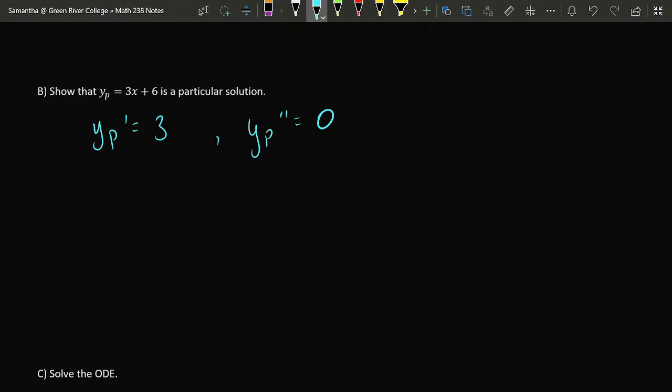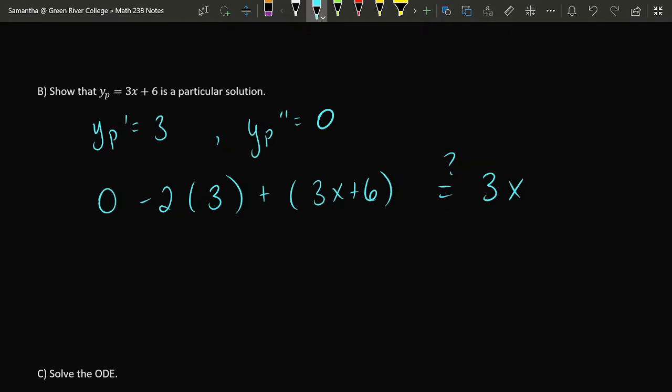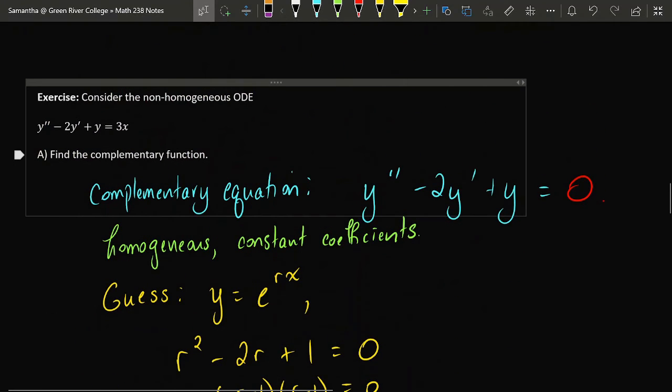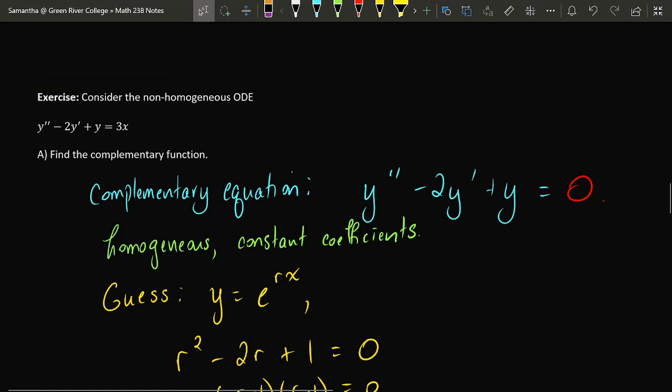So if I plug that into my differential equation, then I get 0 minus 2 times y prime plus 1 times y. We would need that to be equal to the 3x, which is on the right-hand side of our original non-homogeneous differential equation.